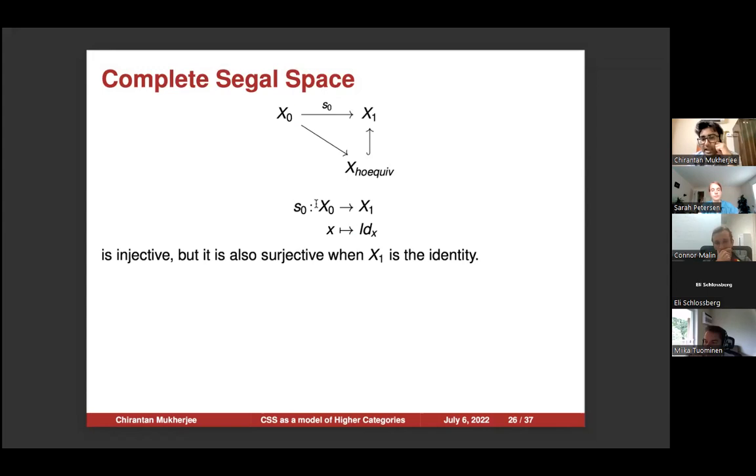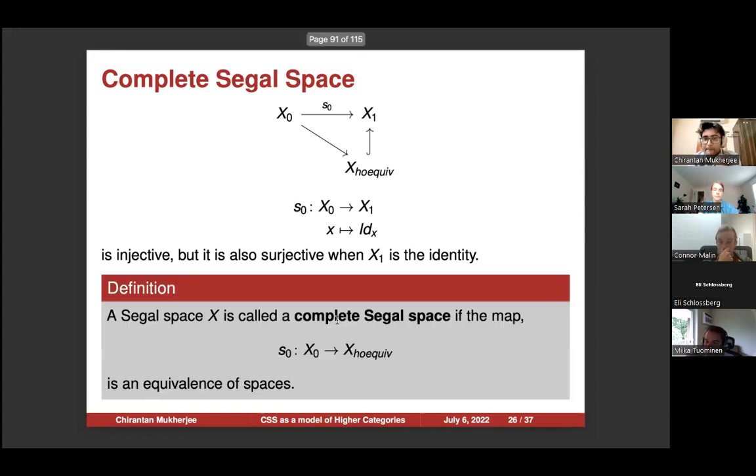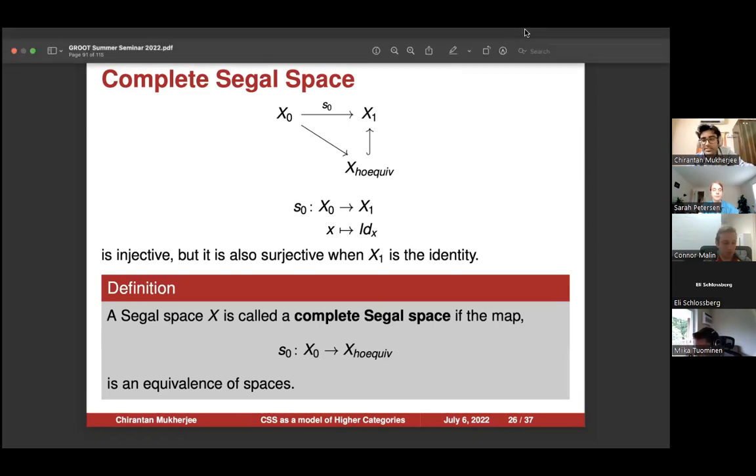If S0 takes x to the identity of x, then S0 is injective, but it can also be made surjective if we consider x1 to consist of all the identity maps. Hence, we arrive at the definition of complete Segal spaces. We call a Segal space X a complete Segal space if the map from x0 to x ho equiv is an equivalence of spaces.